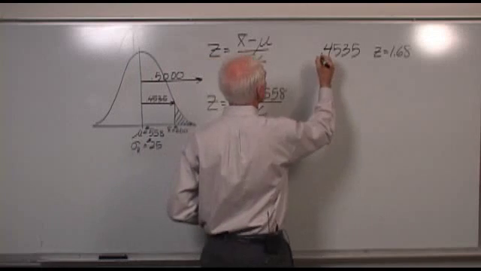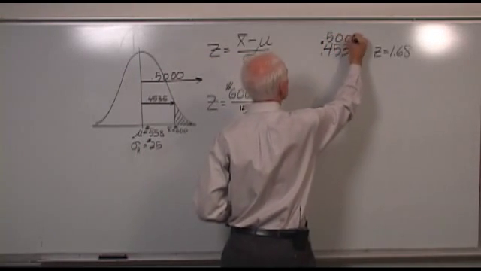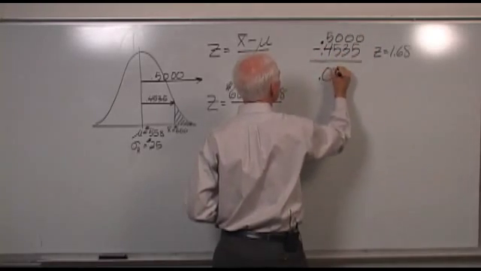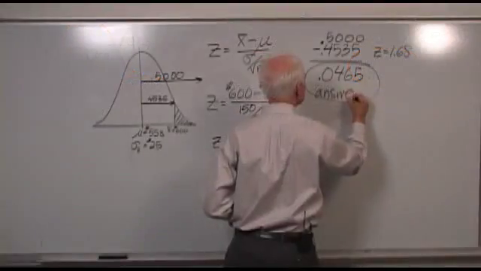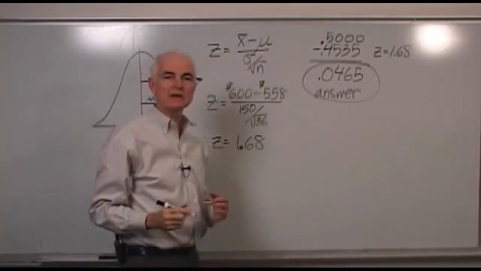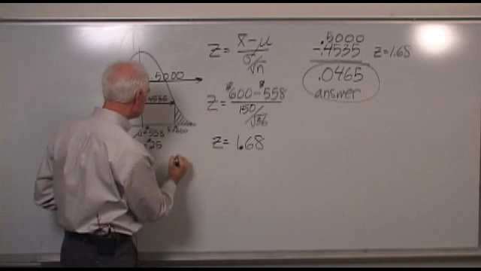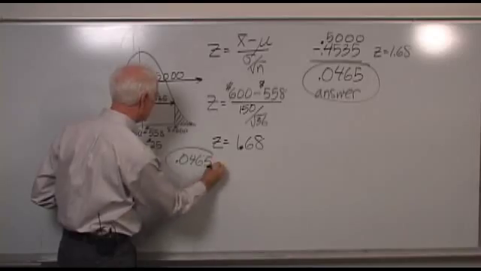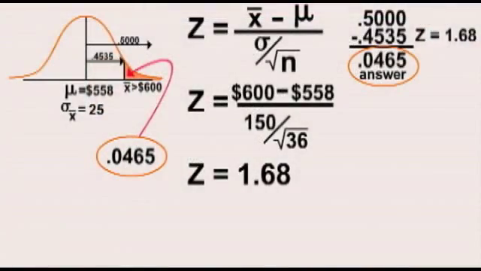So we can subtract our .4535 from 0.5 and we get 0.0465, which is our answer, the probability that the sample mean is greater than 600. That 0.0465 is this tail, or this end of the distribution.